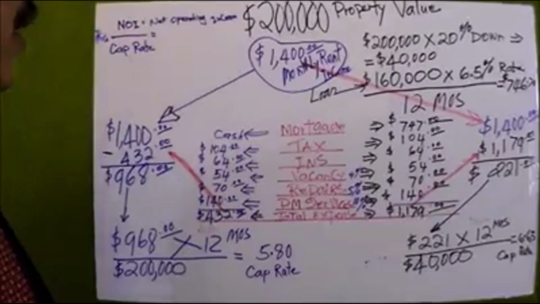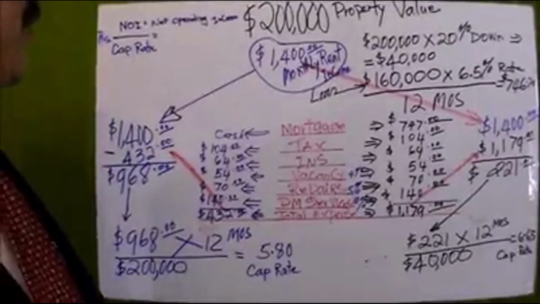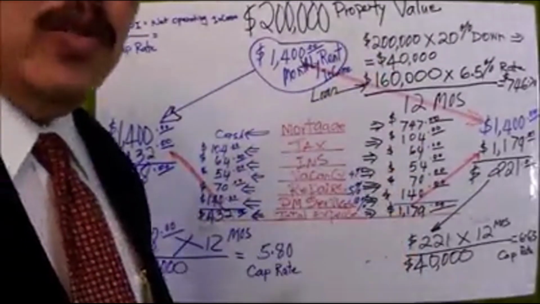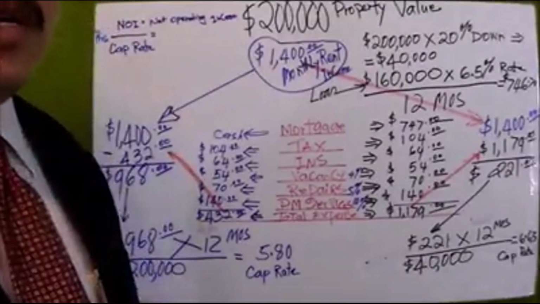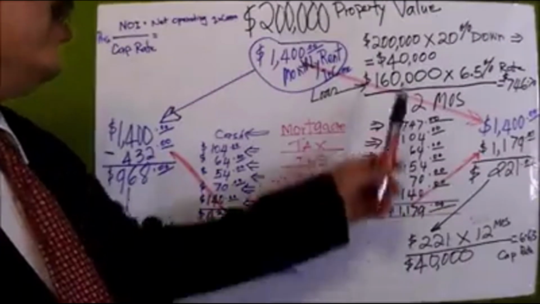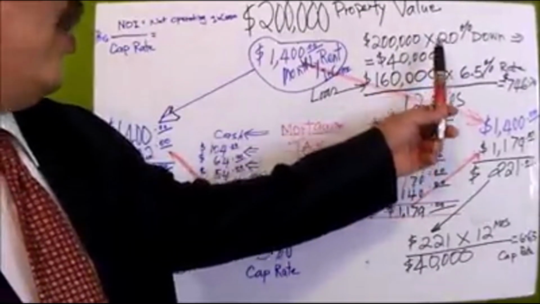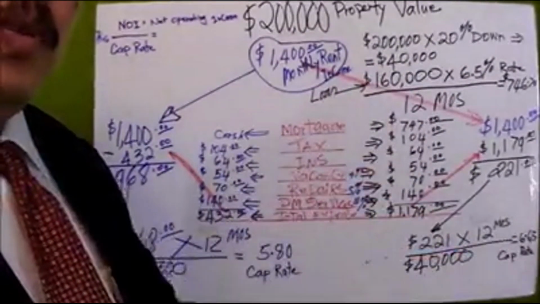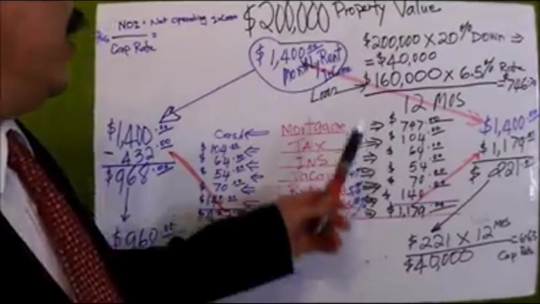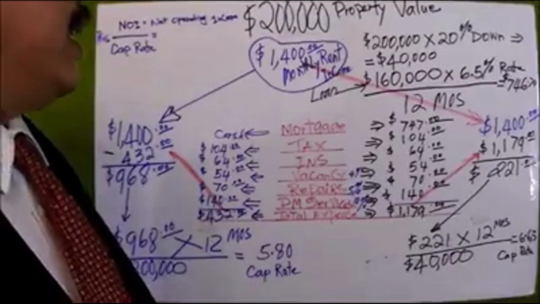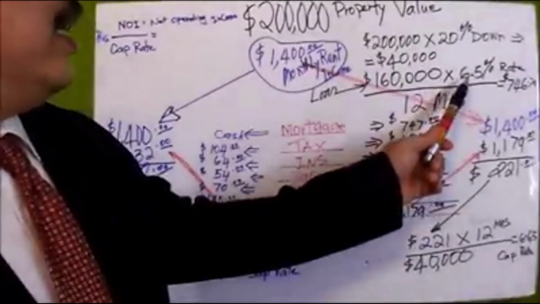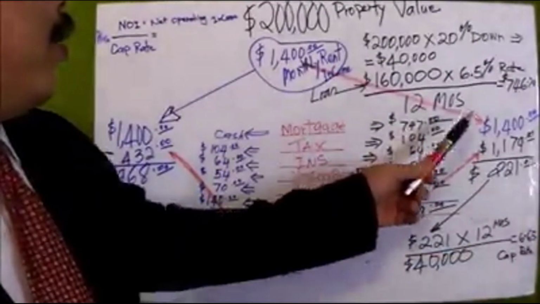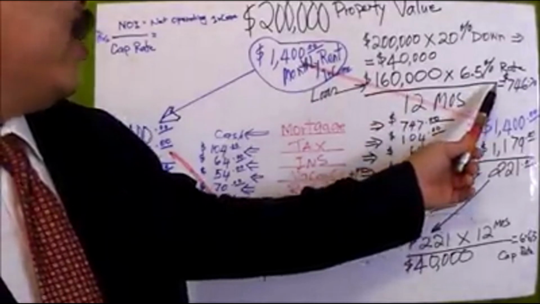If the property you have a mortgage on, if you purchase a property at 200,000 value, usually when you're asking for the mortgage the lender needs you to put down 20%, which means 40,000 you have to put down, and you make a loan of 160,000 with the interest rate 6.5%, and then you divide by 12 months.